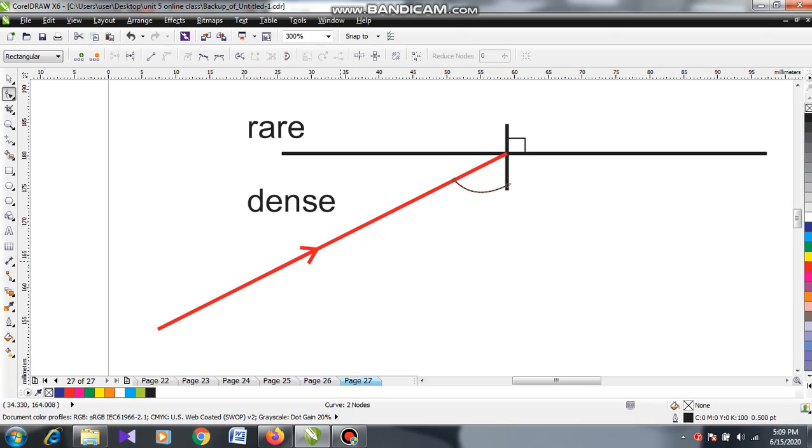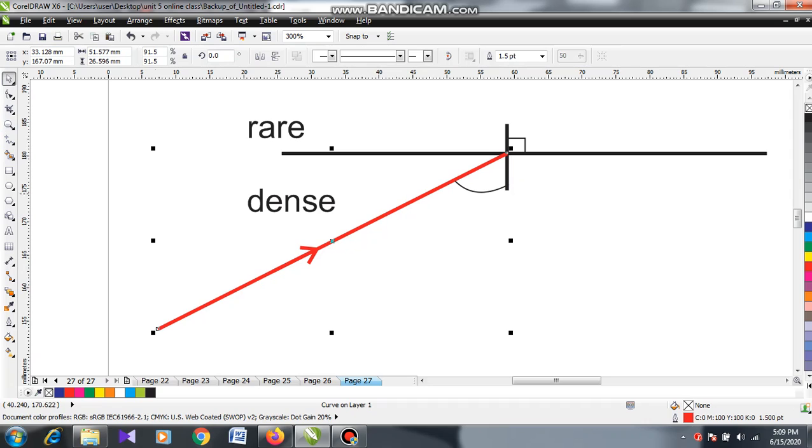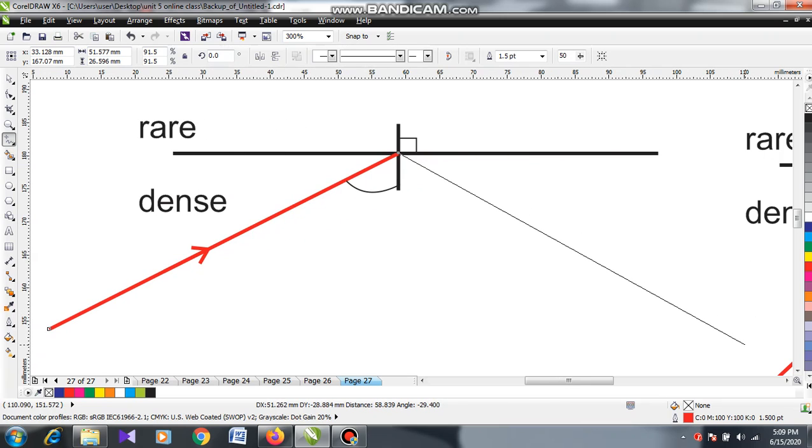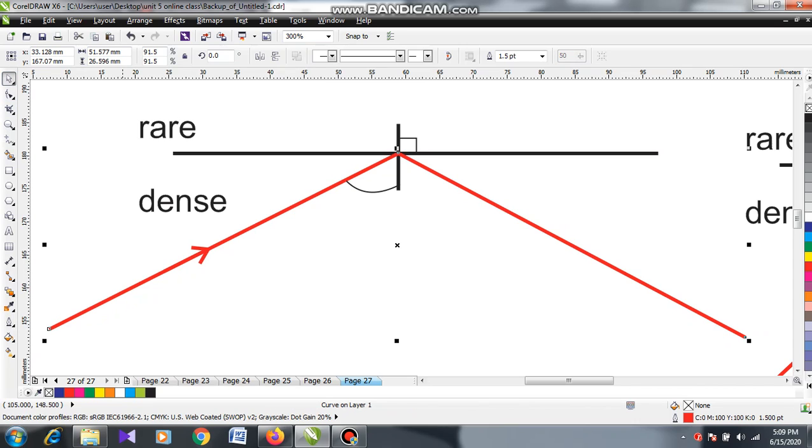An angle greater than the critical angle. In that case, what will this ray do? If it is the critical angle, it will go along the surface, right? Now it will undergo reflection. Remember, it is not refraction, it is reflection.